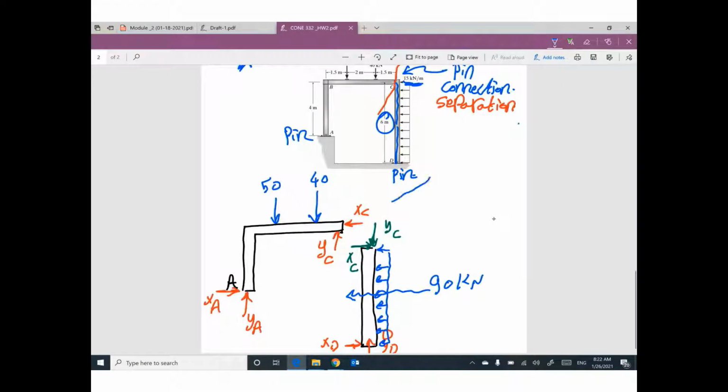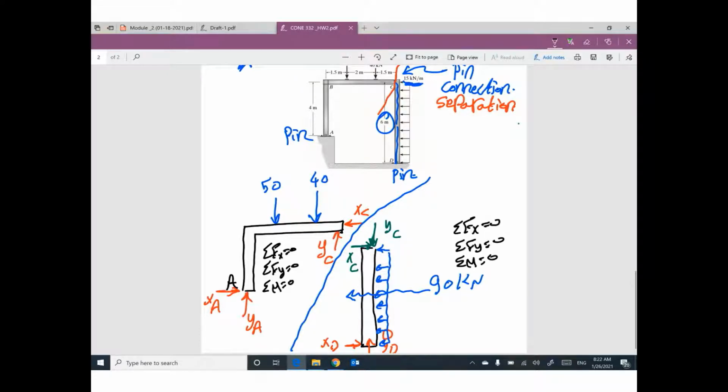So we have two problems, two parts. The first part, I'm gonna apply summation f of x equals 0, summation f of y equals 0, summation moment at any point equals 0. Set up your equations and you can find what you can. The second part, the same: summation f of x equals 0, summation f of y equals 0, summation moment at any point equals 0.